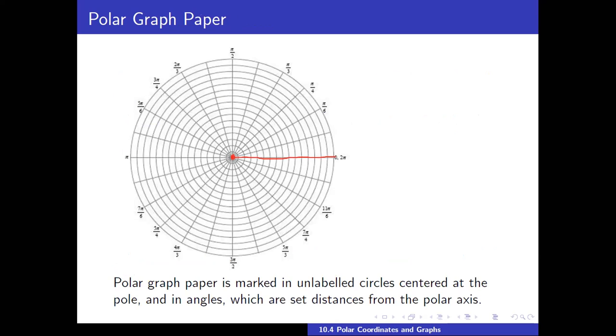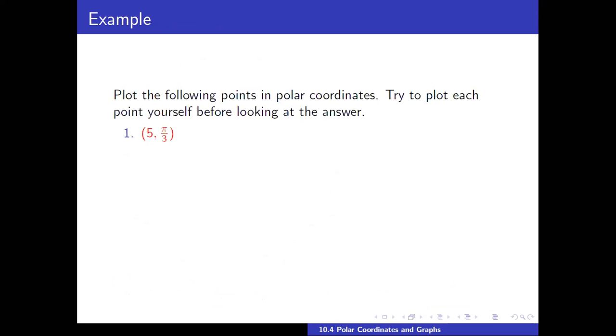So these circles are at set distances away from the pole, right? And you have all the things that are at distance 1 or 2 or 3, etc., away from that pole. And you also label these various angles from the polar axis. Okay. So we'll actually label some points here next.